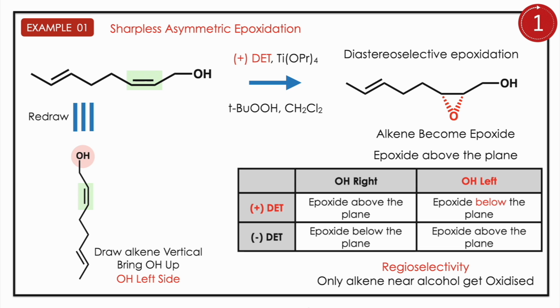We are using +DET. If you look at the table, +DET, OH left side means below the plane epoxide. So you draw the oxygen below the plane and find the final product. The concept you have to learn here is that you only have to look at +DET and the OH group to identify the final product.